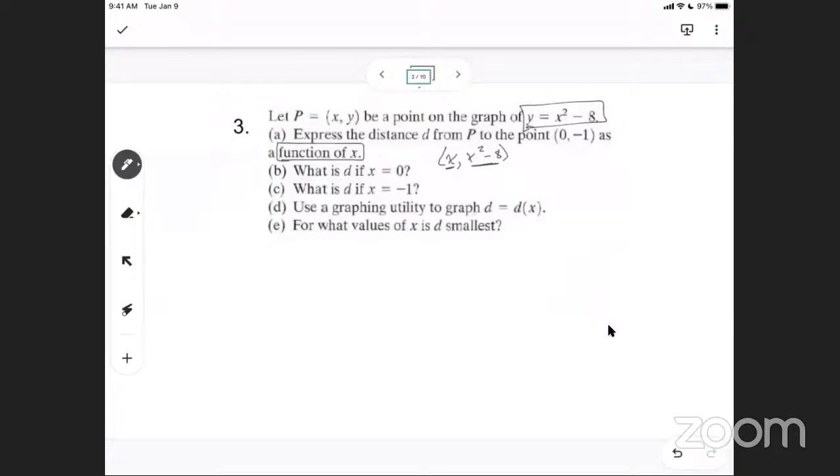So the distance from point P to the point 0, -1, we'd use the distance formula. And remember, the distance formula is basically Pythagorean's theorem, right? So it's this.